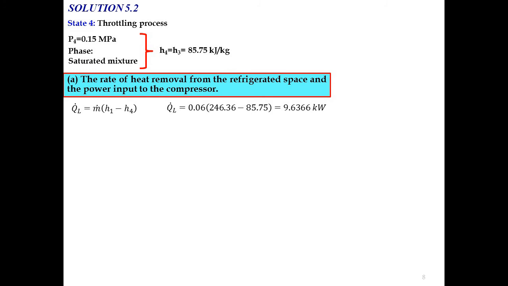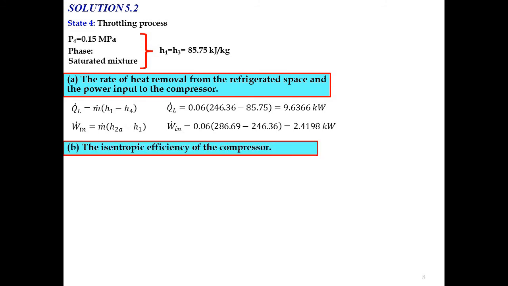Substitute all the values, and we get QL dot equal to 9.6366 kilowatt. For the power input, W in dot equal to M dot multiplied by H2A minus H1, because now we need to consider the actual enthalpy for the actual state, H2A. Substitute the values: W in dot equal to 0.06 multiplied by 286.69 minus 246.36, equal to 2.4198 kilowatt.